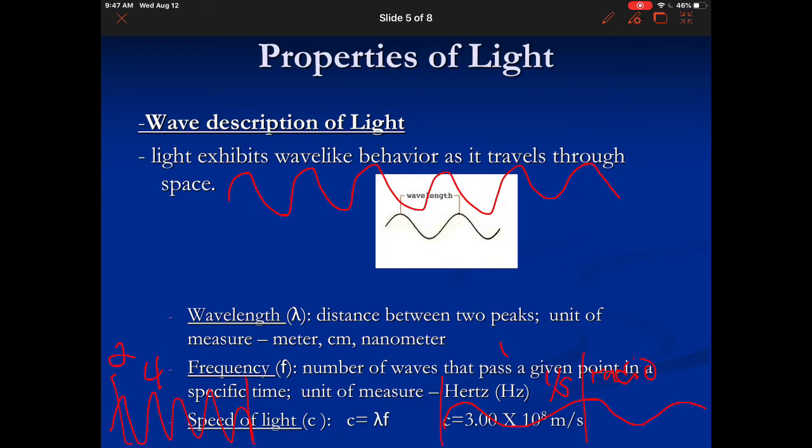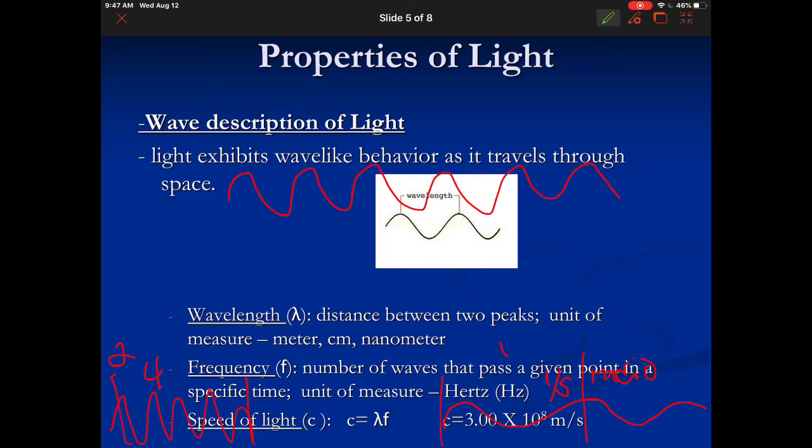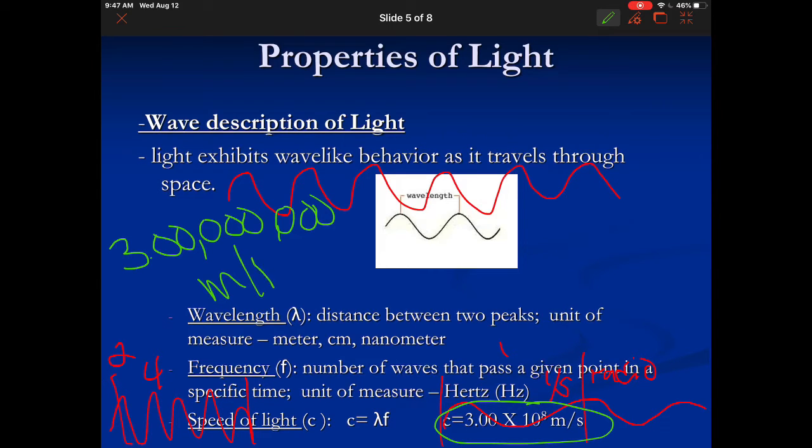If wavelength is shorter, frequency goes up. All right, and then the speed of light is 3 times 10 to the 8th meters per second. Now that is pretty fast. So that's a 3 with 8 zeros behind it, which is 300 million meters per second.